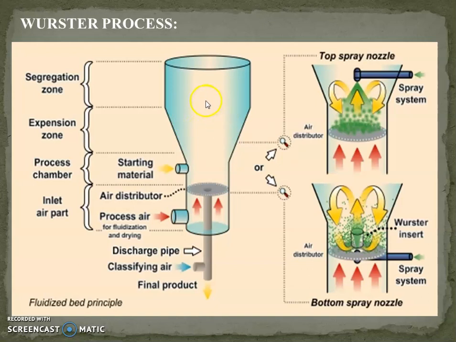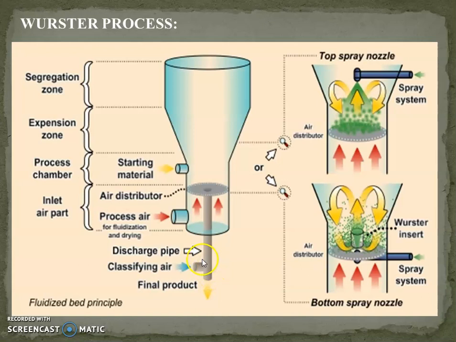In the expression zone and the segregation zone, the coated particles finally fall down on the plate and are collected from the bottom side, that is the final product outlet.